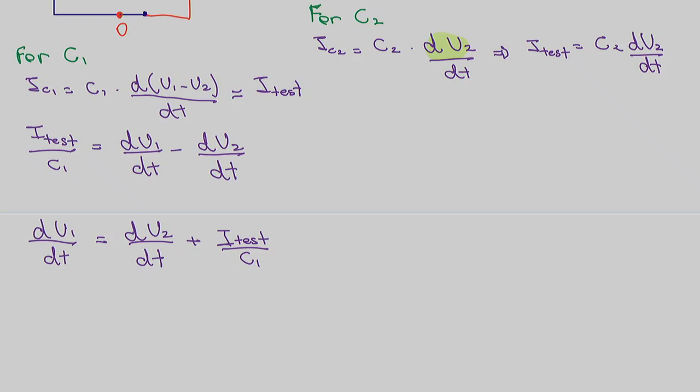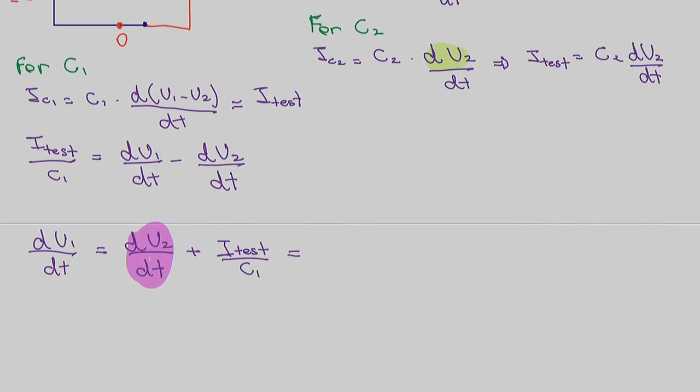Okay. Next I can write this as equal ITest over, hold on, I'm going to do one step before. Okay, before you get confused, you know what dU2 dt is, right?